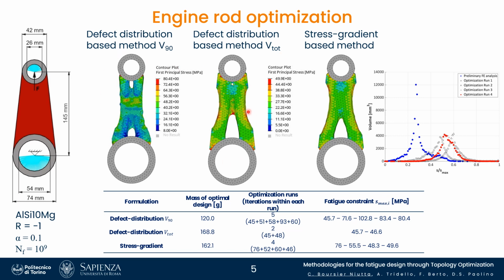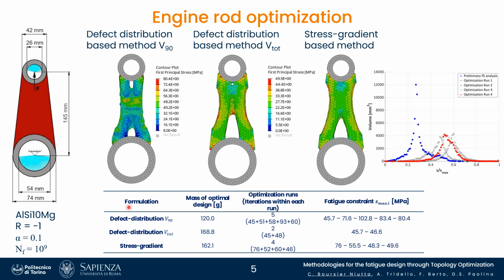Here are reported the results of the optimizations. The first two topologies have been obtained with the marginal PSN curves method, while the third one is obtained with the stress gradient method. The difference between the first two is the volume retained at the end of each optimization for the calculation of the largest critical defect.